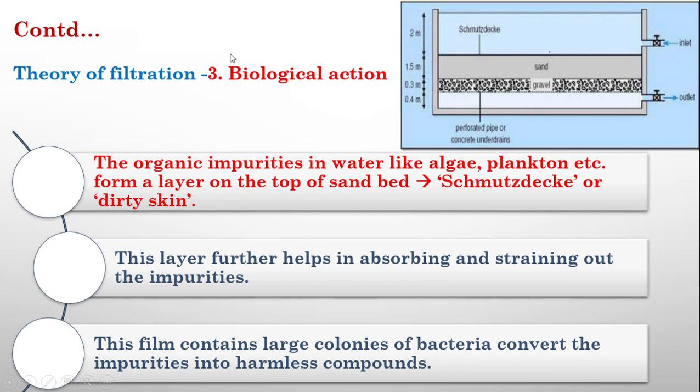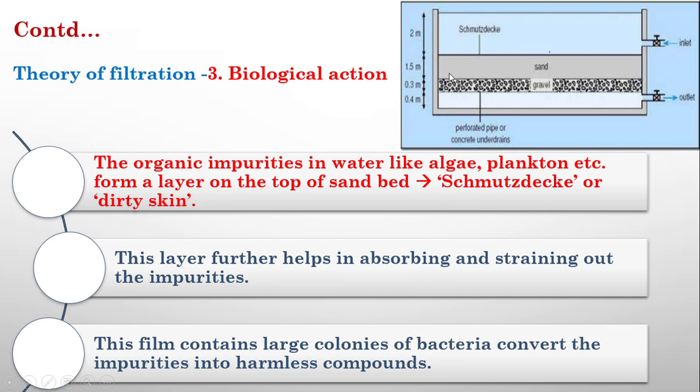The third action occurring inside this filter is biological action. When the water contains some organic impurities, they get deposited over the surface of the sand and form a layer. The organic impurities or algae or whatever organic substances are present in the water will be trapped above the sand and form a layer known as Schmutzdecke, otherwise known as dirty skin.